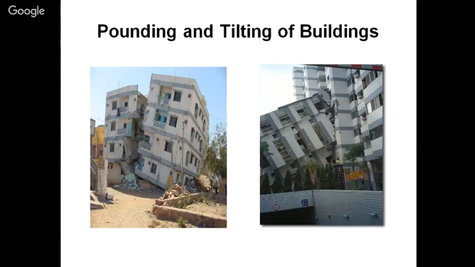Pounding and tilting of buildings is one of the types. Pounding is a case where we don't have sufficient gap between the buildings, which we are required to maintain between two buildings as per the Indian codal provisions.